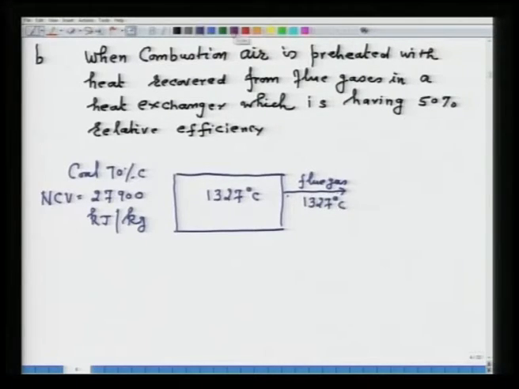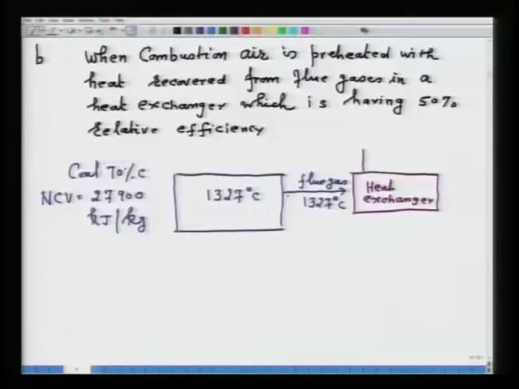Now, what do I do? I take now a heat exchanger. So, I put a heat exchanger. This is now the heat exchanger. Now, the objective of the heat exchanger is to extract the heat of POC and transfer it to the incoming air.